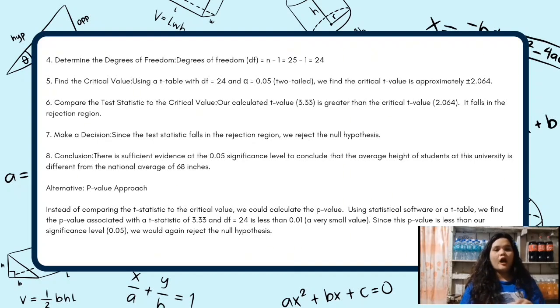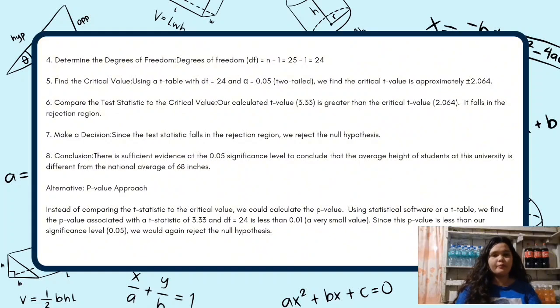Then number 8, our conclusion is there is sufficient evidence at the 0.05 significance level to conclude that the average height of students at this university is different from the national average of 68 inches.